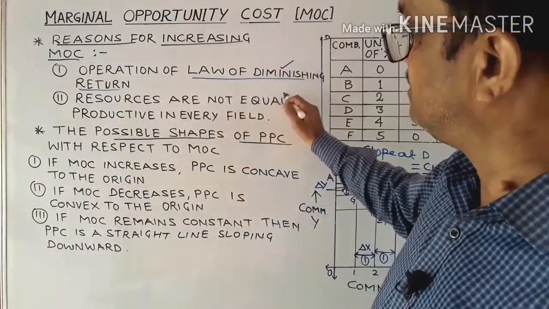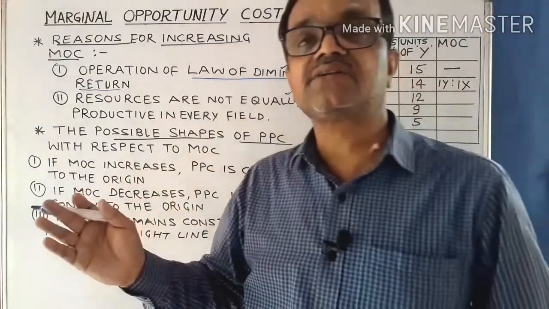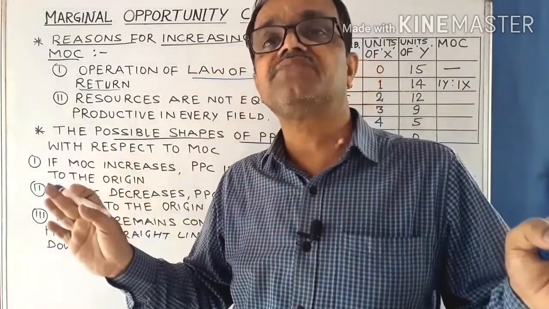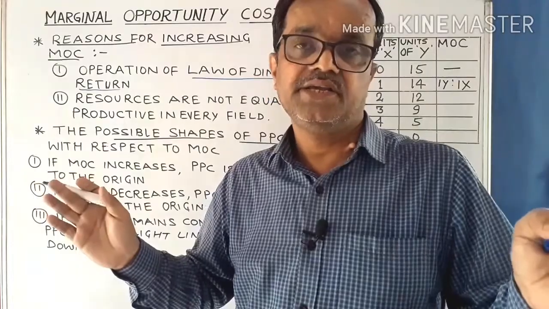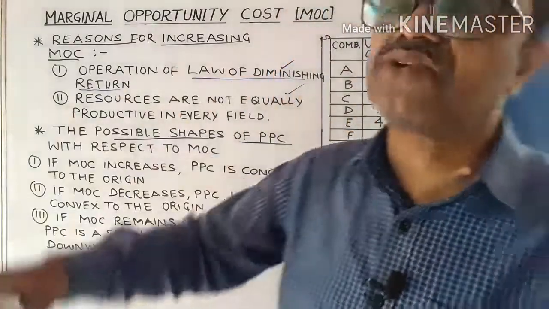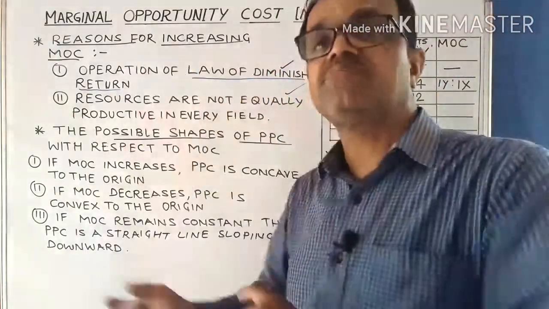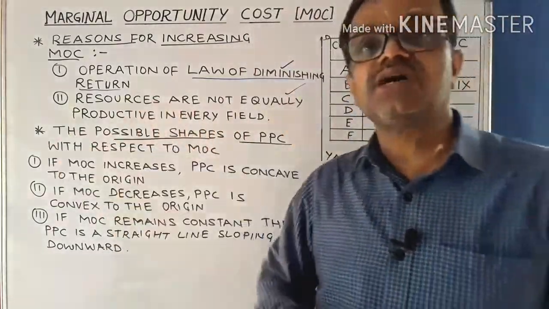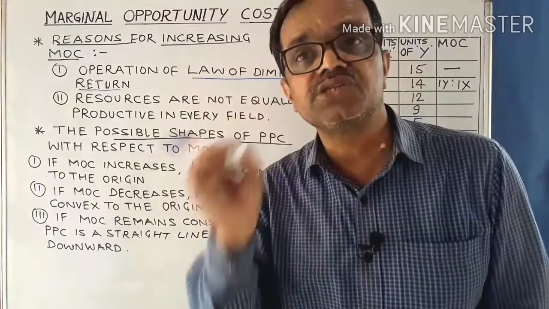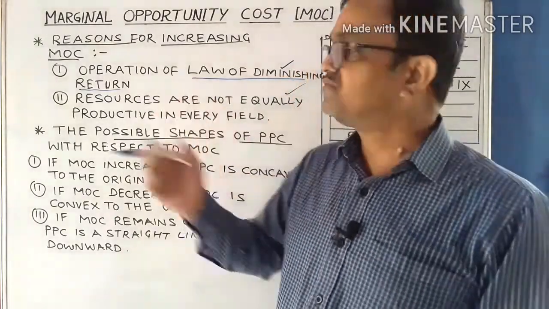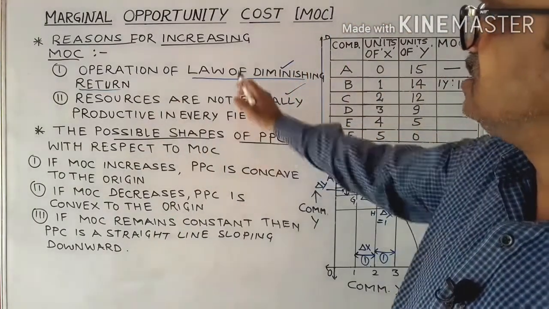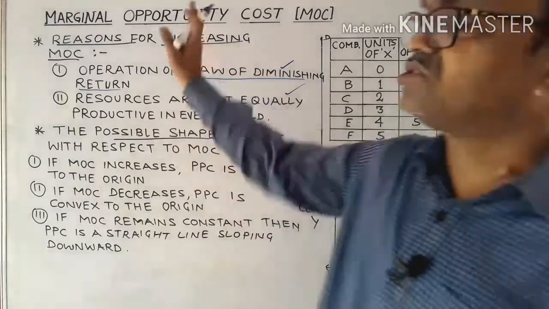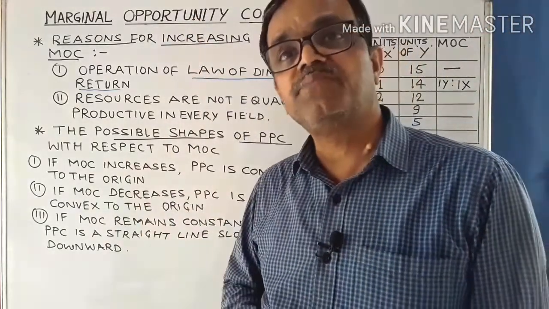And the second one is that all the resource factors are not equally productive in every field of activity, and the moment they are shifted from one production unit to another, their productivity decreases, and that's why more resources are required to produce the same additional unit of the commodity. These are the 2 reasons that cause increasing marginal opportunity cost.